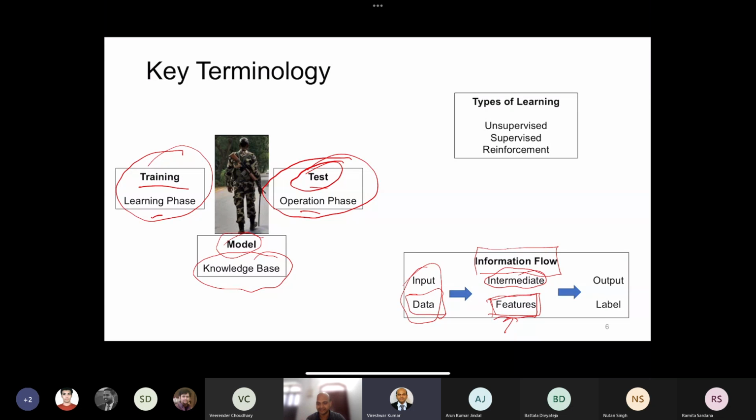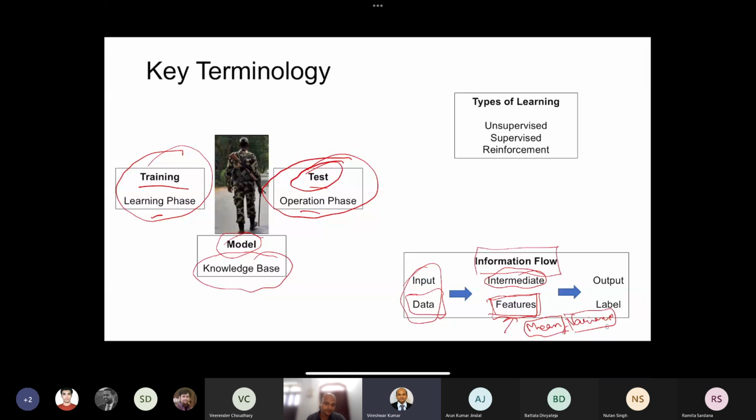Some properties. The features could be something like a mean value of some data points, or some variance value. These are terms that are very popular in statistics, and I hope that you understand those terms. These could be some of the features related to the different variety of inputs that are possible.